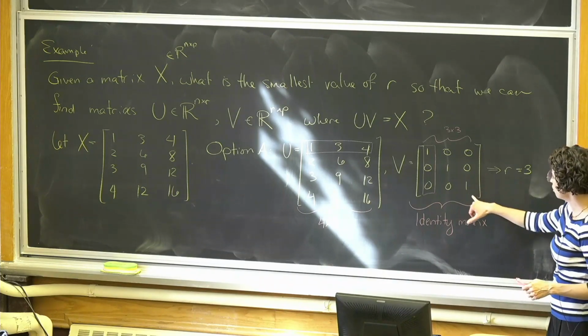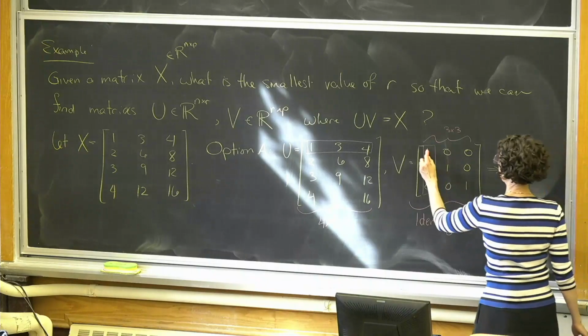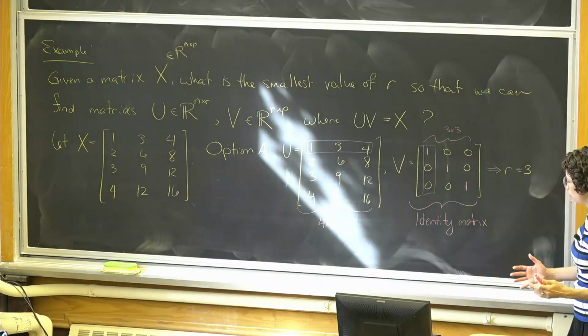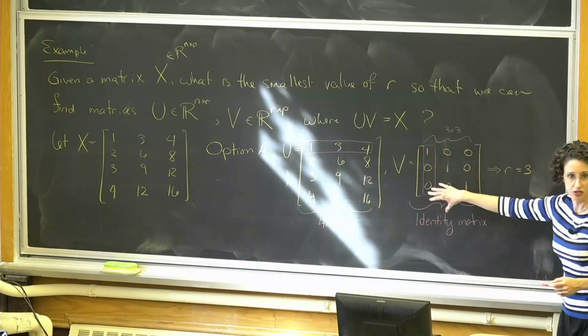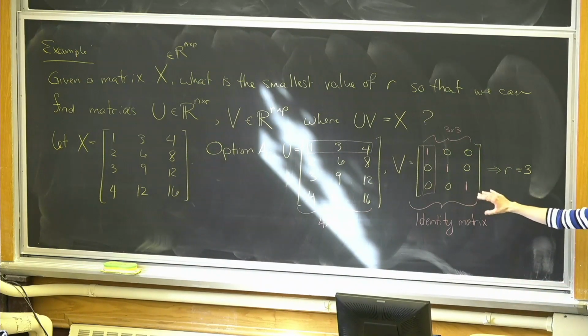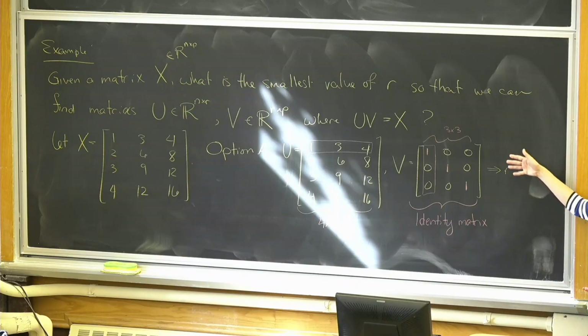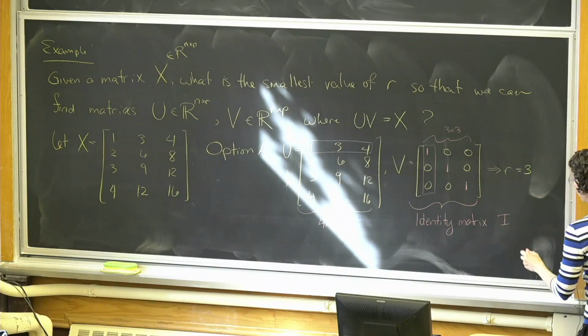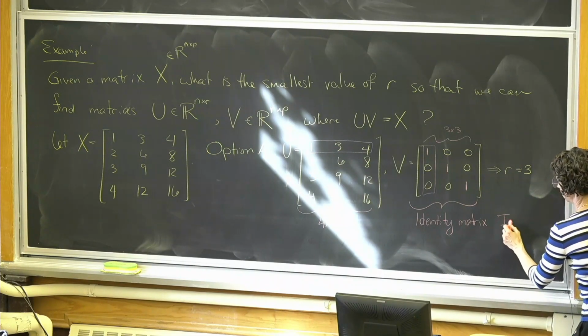So this matrix here is called an identity matrix. What it's characterized by is having ones all along the diagonal. It's a square matrix, and everything else is 0. I usually would write I for an identity matrix.